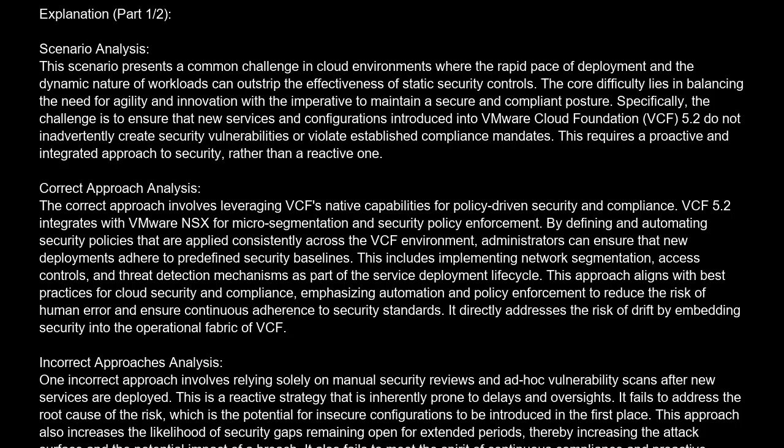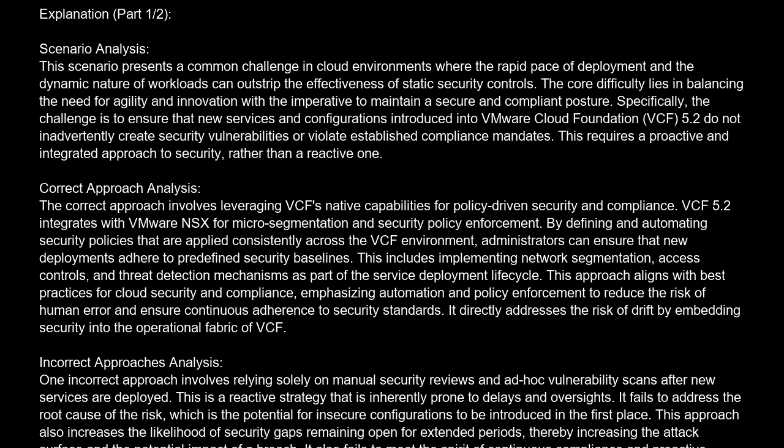Correct approach analysis. The correct approach involves leveraging VCF's native capabilities for policy-driven security and compliance. VCF 5.2 integrates with VMware NSX for microsegmentation and security policy enforcement. By defining and automating security policies that are applied consistently across the VCF environment, administrators can ensure that new deployments adhere to predefined security baselines.